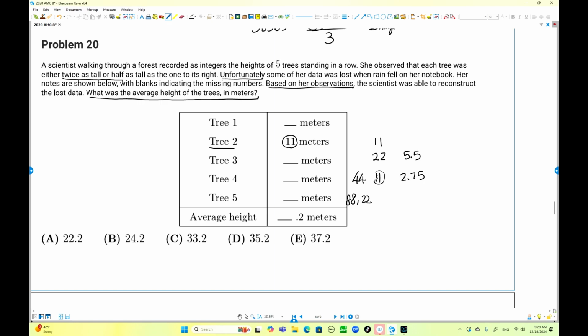Twice of this number is 22, we get the same number, half of this one 5.5. Twice of this one 4.5, and half of this one 1.375. That's it. Before that, twice again, that is going to be 20, and the next one is half of this one, 5.5, right? They are all possible data.